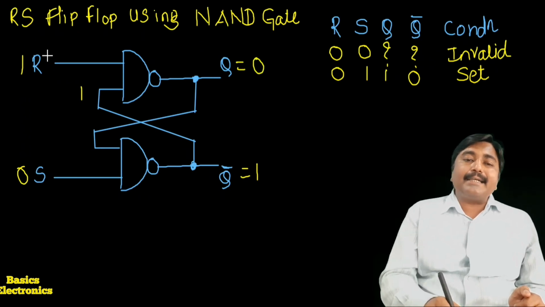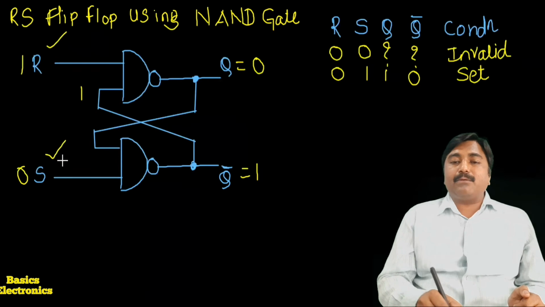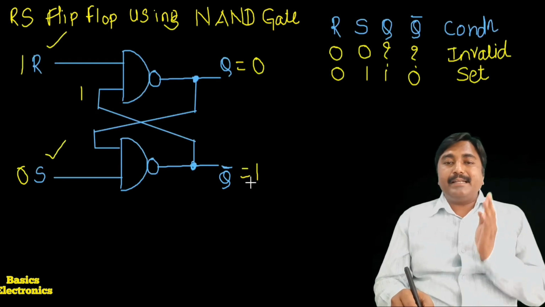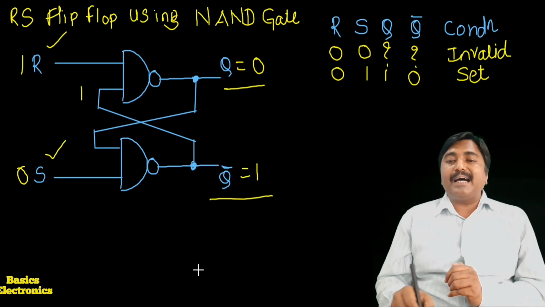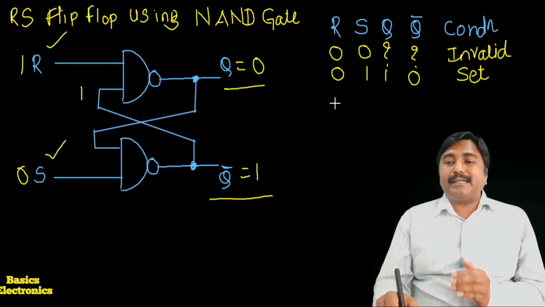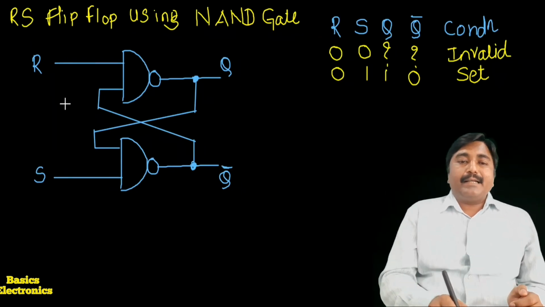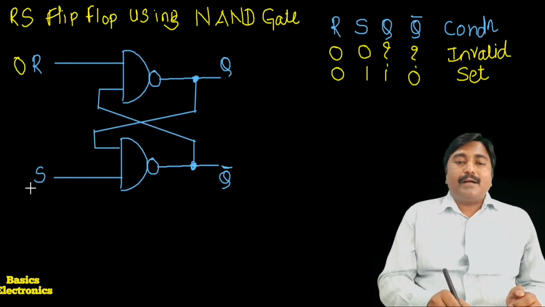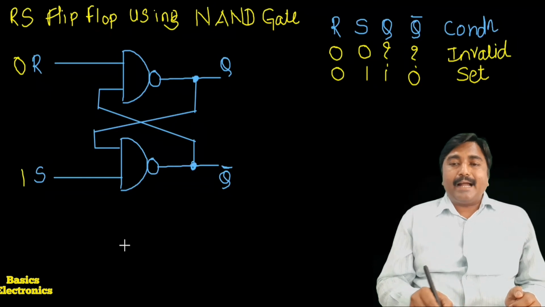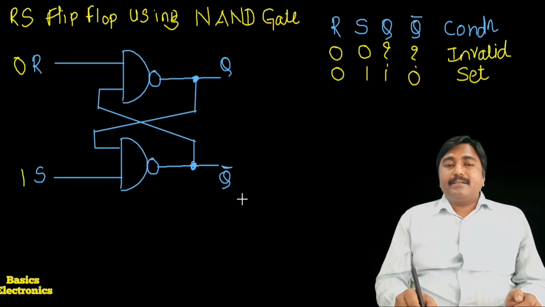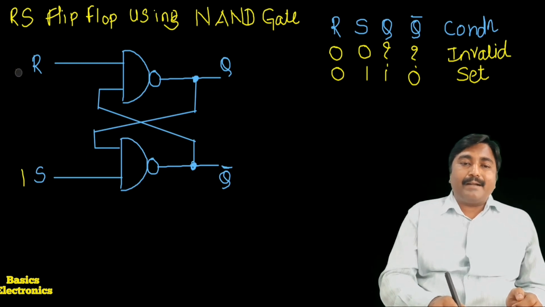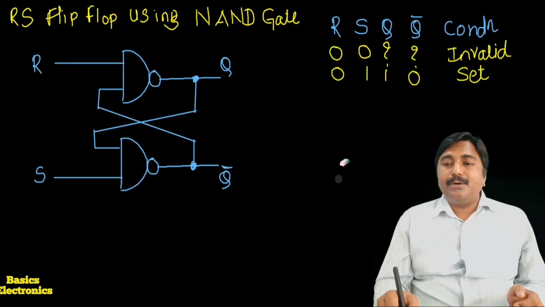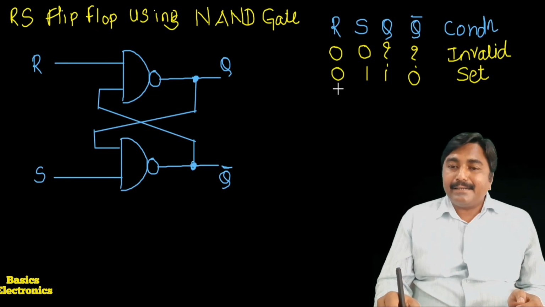When R equals 1 and S equals 0, the NAND gate flip-flop produces the output Q equals 0 and Q bar equals 1. This condition is what we call the reset condition. When R equals 0 and S equals 1, we get the set condition, but when R equals 1 and S equals 0, we get the reset condition.